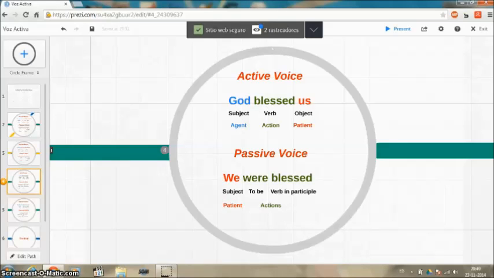Me and I, like this. So when we are converting the sentence into passive voice, it could be like this: we were blessed. The patient is us in the active voice because the object has to be us, not we, because we is the subject. But it's the same person.